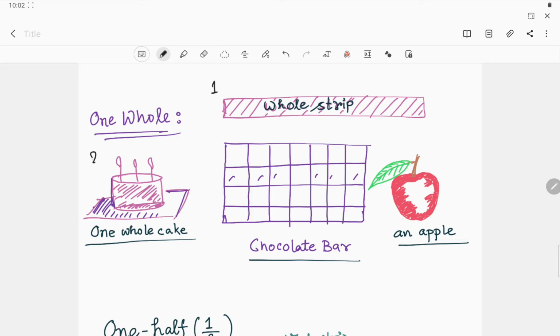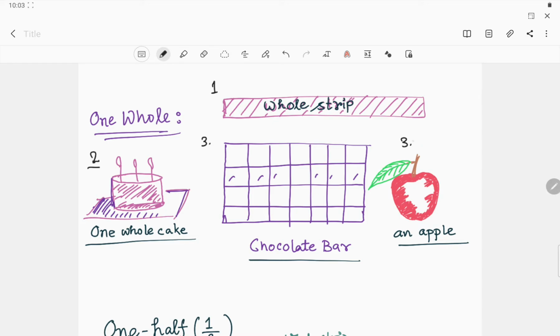Second one, it's a birthday cake, and you can see this is a whole cake, a single cake. This is not split, this is not divided. A single, you can say a whole cake. Next one, this is a chocolate bar, a whole one, right?